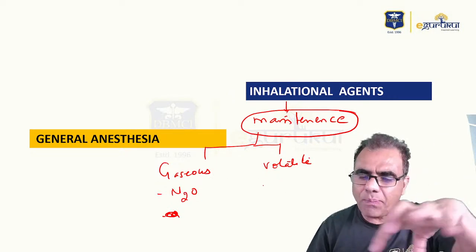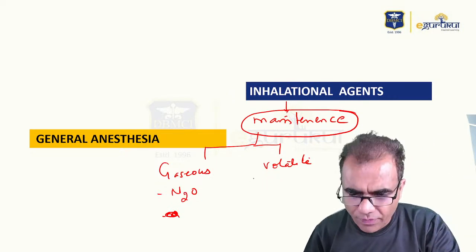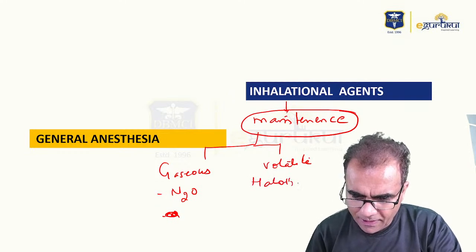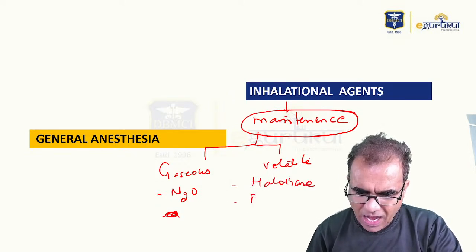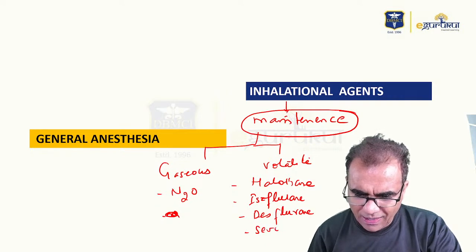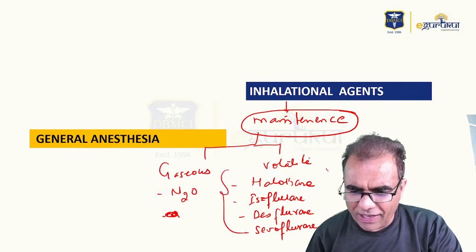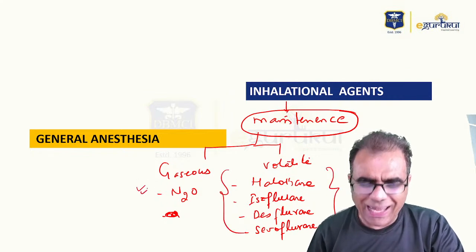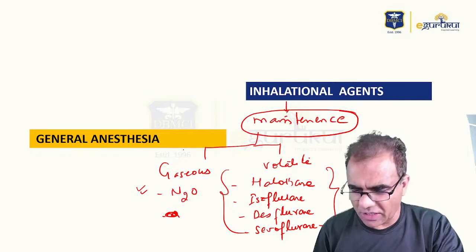Volatile agents which are in practice nowadays, there are four. They are halothane, isoflurane, desflurane, and sevoflurane. So these are the four volatile agents which are being used, and one gaseous agent that is used is nitrous oxide.